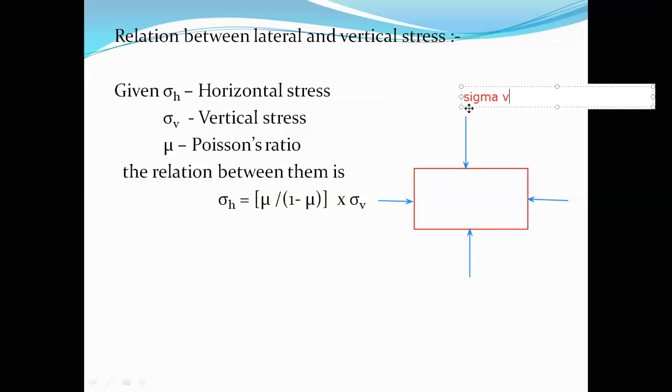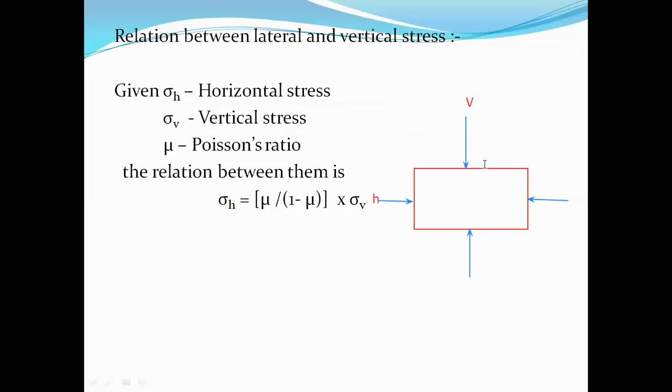This is the same thing we discussed here. This is the vertical part of it, whereas this is the corresponding horizontal part, the lateral stresses. In this case, there is a block of rock mass.